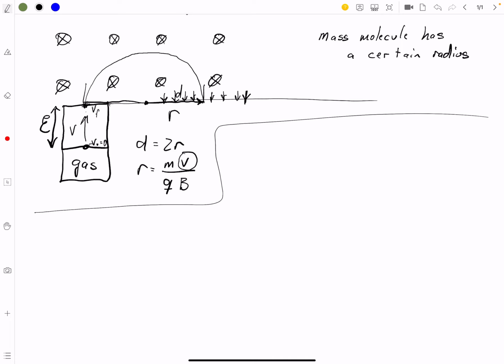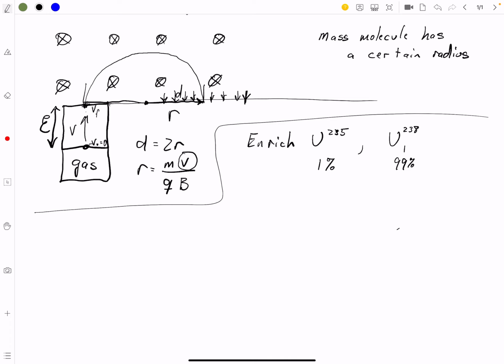So we want to enrich uranium, and enriched uranium is 235, and regular uranium is 238. That's the most abundant uranium. So we want to take 238s and separate out the 235s because we'll have a mix. 99% of it is this, and 1% of it is this.